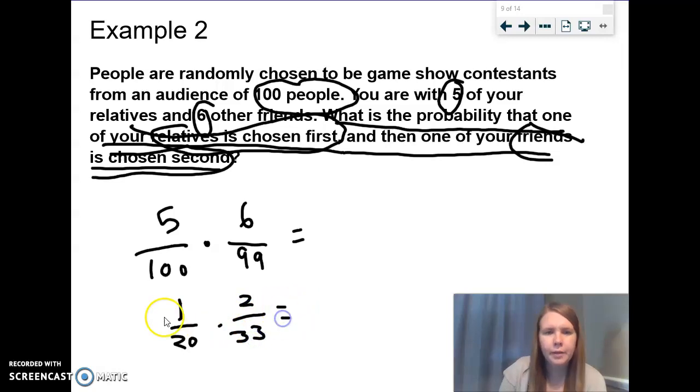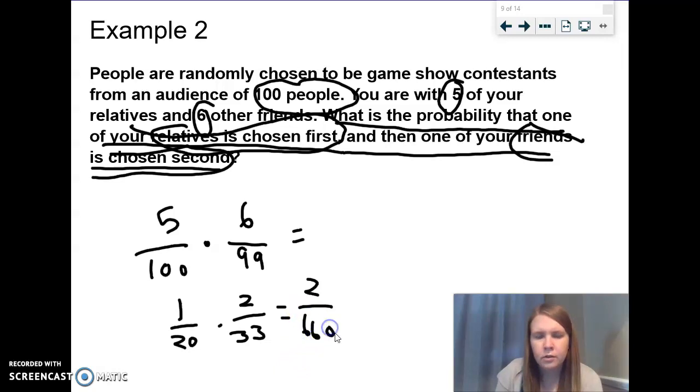All right, multiplying across, I would then get 2 over 20 times 33, which is 660. If I simplify that, you divide a 2 from the bottom and the top, so that'll be 1 out of 330.